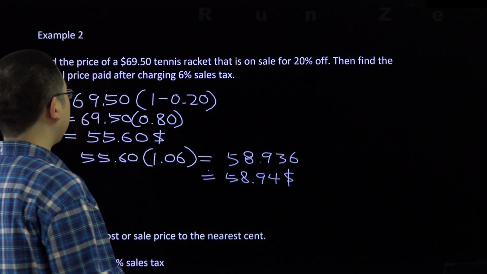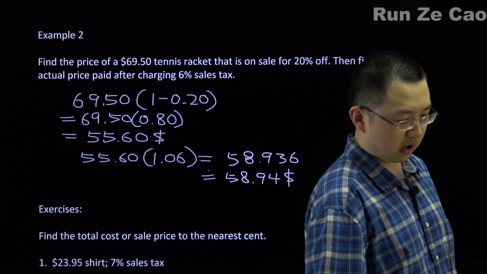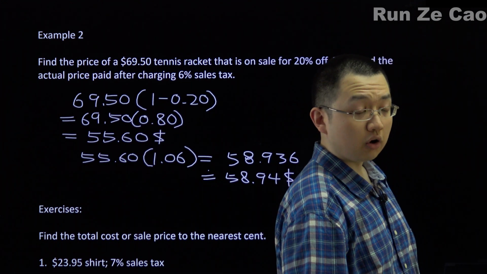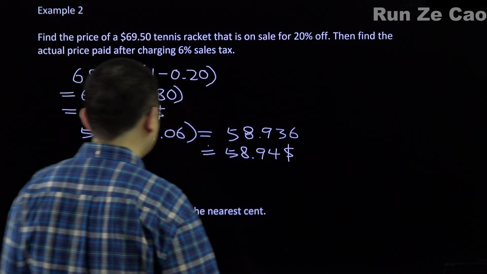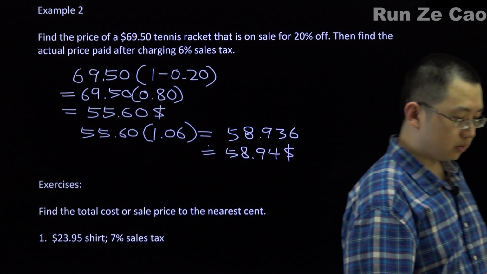Yeah, the actual price paid after the 6% sales tax when the racket is 20% off is approximately $58.94. You could totally have multiplied these just in a row, as we will soon see.